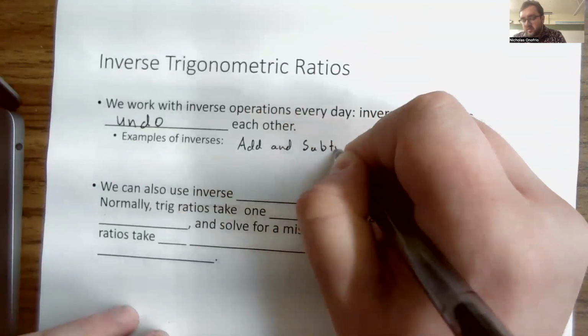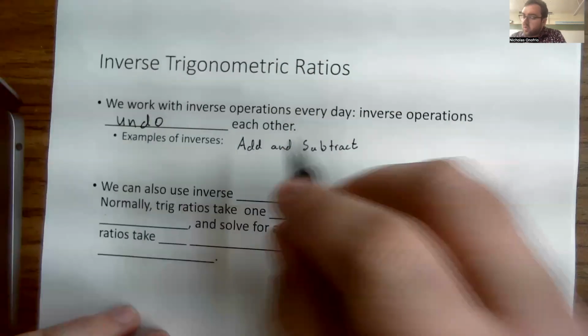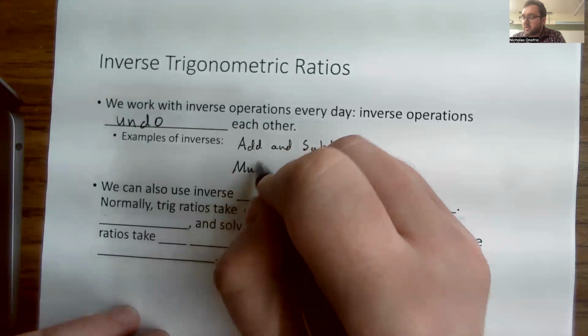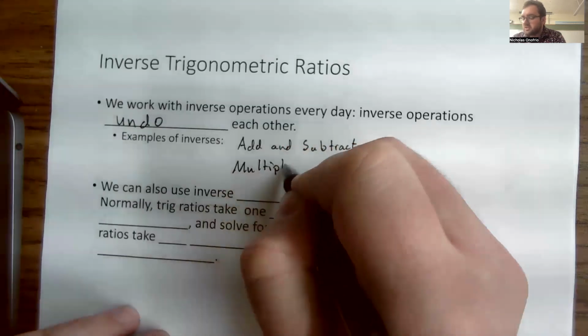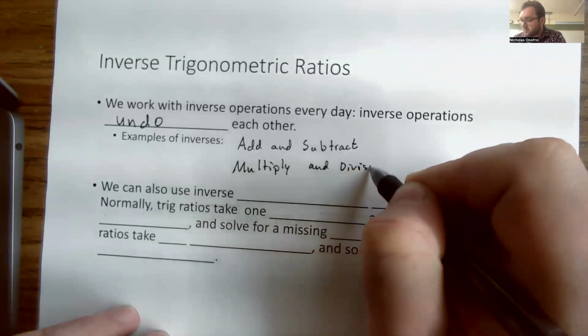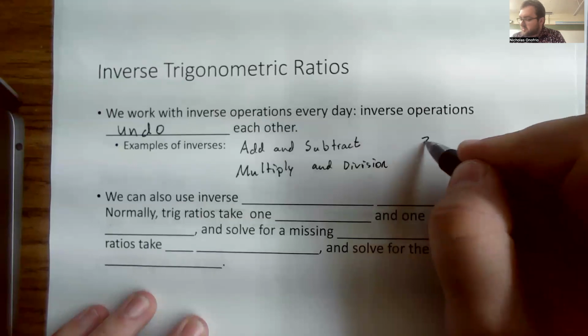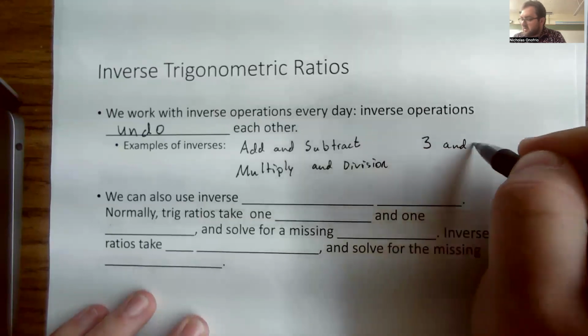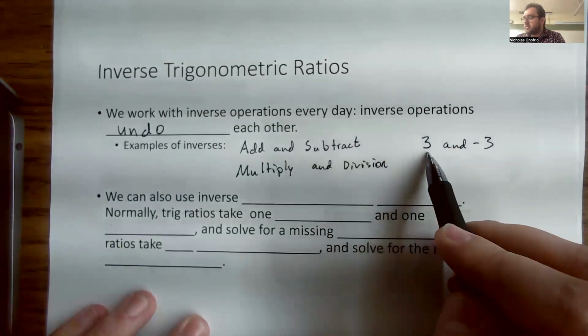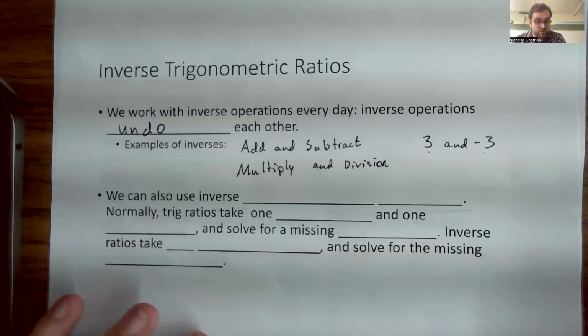We say all the time that to cancel addition, we can use subtraction, or vice versa. We could also say that multiplication and division are inverses. Another example of inverses would be 3 and -3. If you have $3 and then you add -3 to it, you've got nothing. They undo each other.